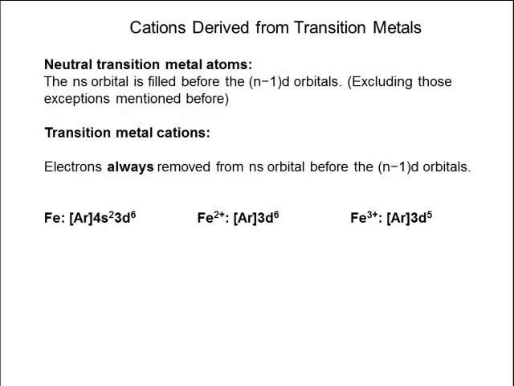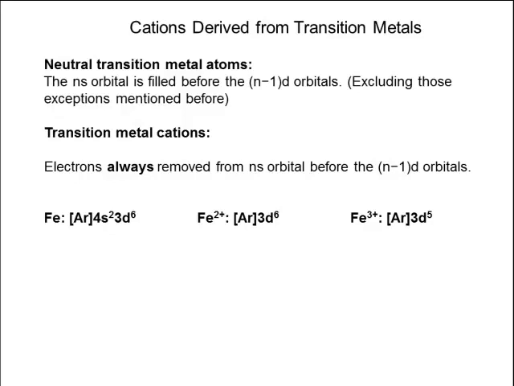So when we go to form ions, those electrons get pulled away first. But this is only when dealing with transition metal cations. The other cations we talked about follow the rule of just wherever the outermost ones are, start taking electrons away. Transition metals, take it away from that 4s or that s orbital before the d orbitals.